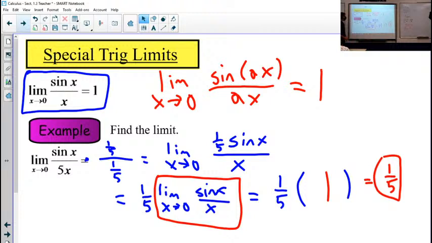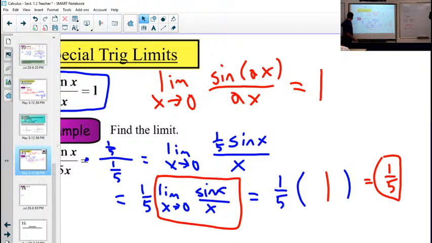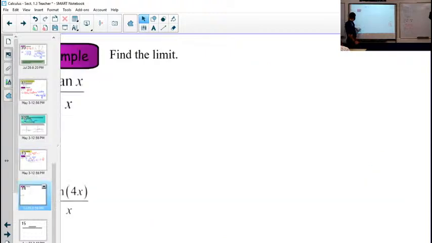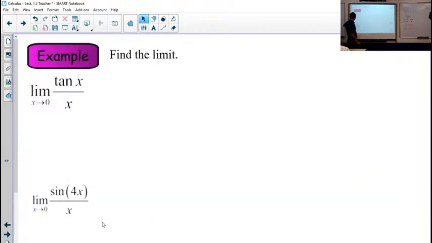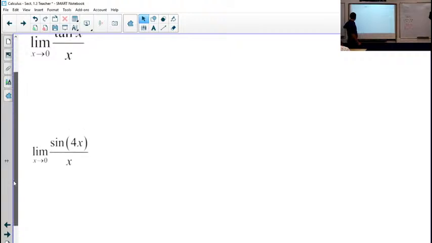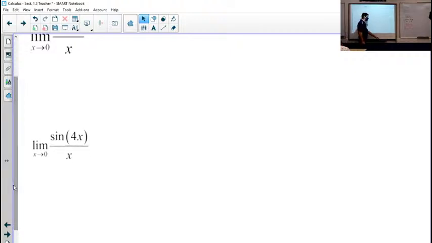Let's look at a couple more. Let's start with the bottom one because it's most similar to what we just did.